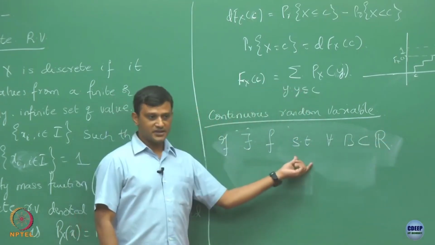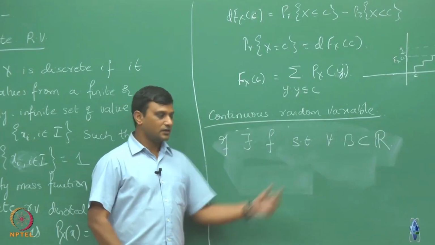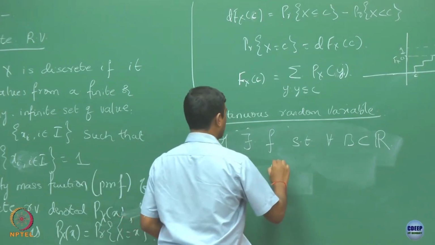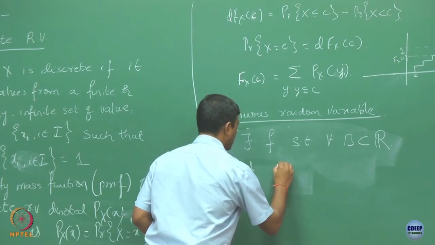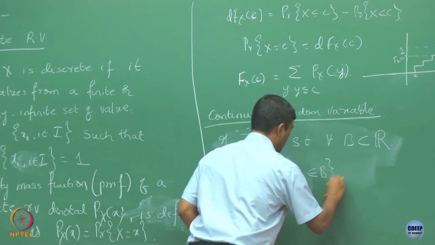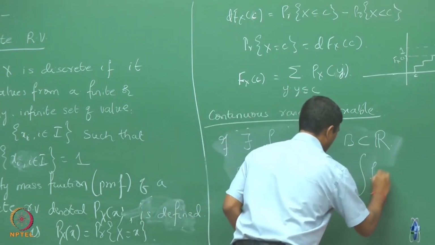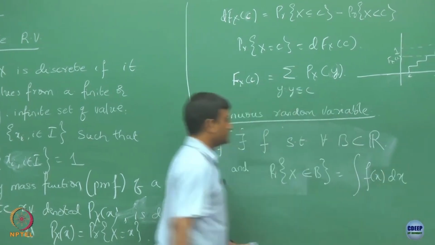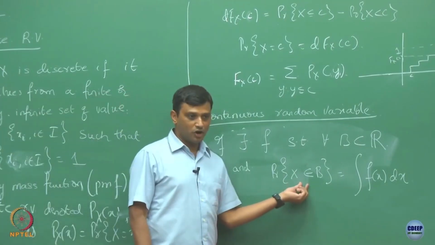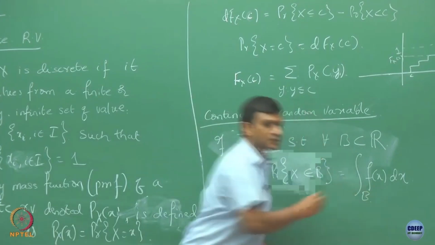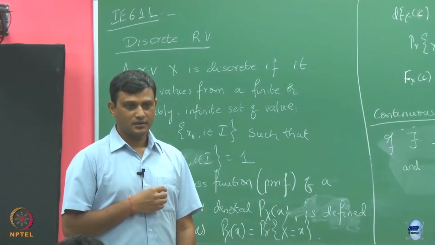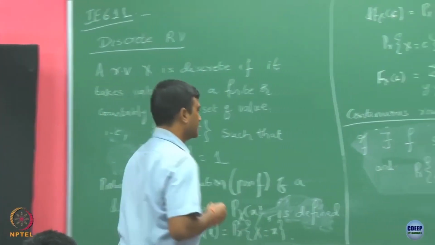All of you understand what I mean by this? If I am able to express this probability in this fashion, then I am going to call my random variable x continuous.